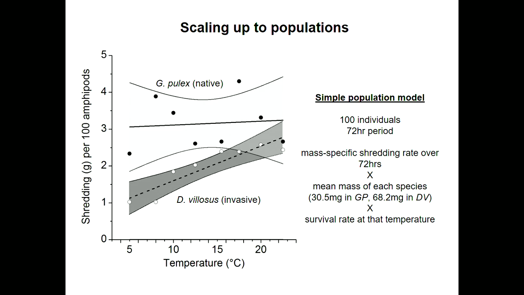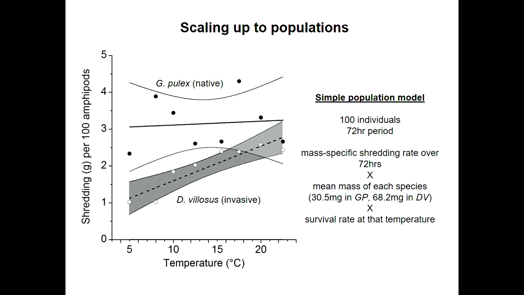And just again to guide you through, what we have is a relatively stable shredding rate across the range of temperatures in Gammarus pulex with quite a lot of variability, because while they're shredding more at higher temperatures, they're dying more as well. So the sum total is that actually that doesn't create any net increase in shredding according to this relatively simple model. However, Dikerogammarus, as you increase the temperature, because it's dying less while it doesn't shred as much, there is a thermal increase in shredding rate.